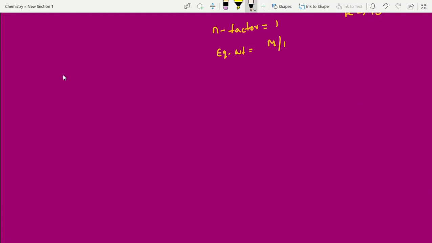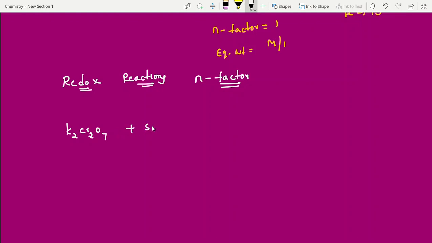Redox reaction. For redox reactions, how to calculate the n factor? One of the frequently asked questions I am writing: K2Cr2O7. Till now we have seen oxidants and reductants separately. Now combining these two means where it is changing, how to take it.